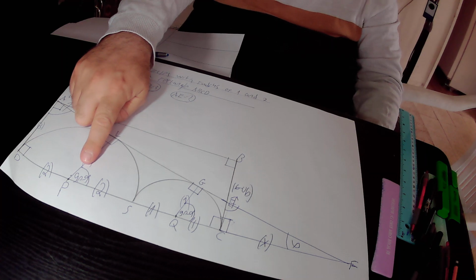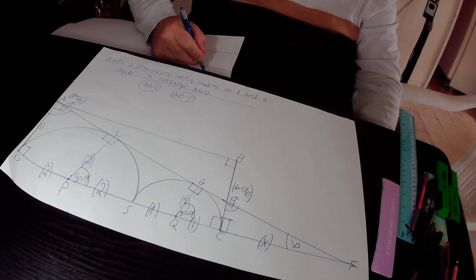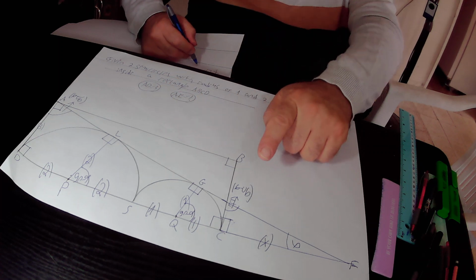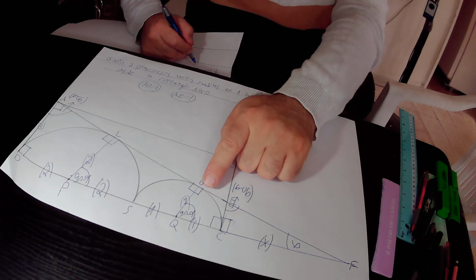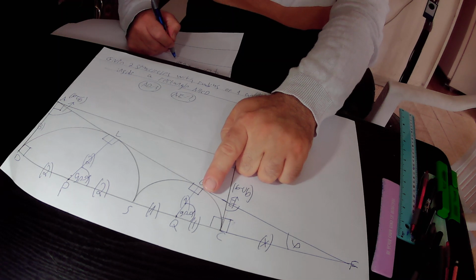So actually this is angle LPF in the big right triangle LFP, and it is equal to this angle. This is actually angle GQF in the small right triangle FGQ.